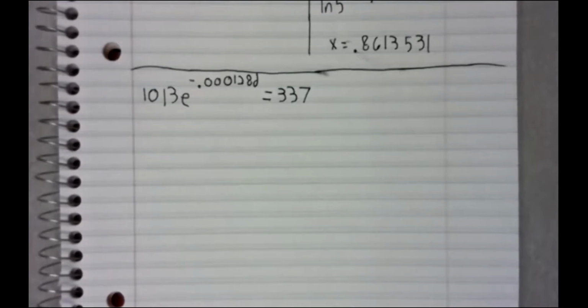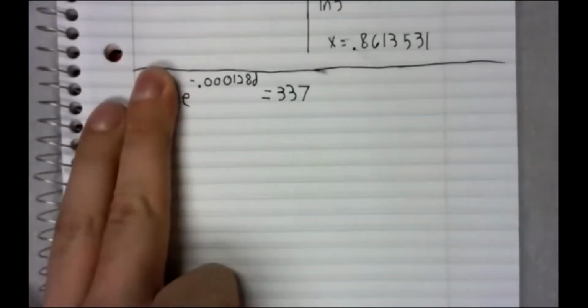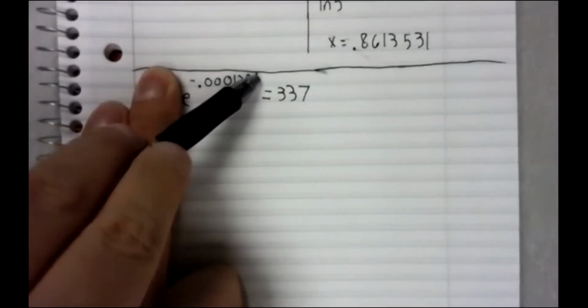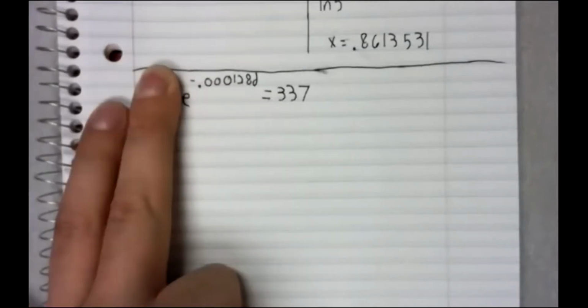So, what to do? At some point, we're going to have to take a logarithm. Our variable is in the exponent, this D. The way to get a variable out of an exponent is to take a logarithm.